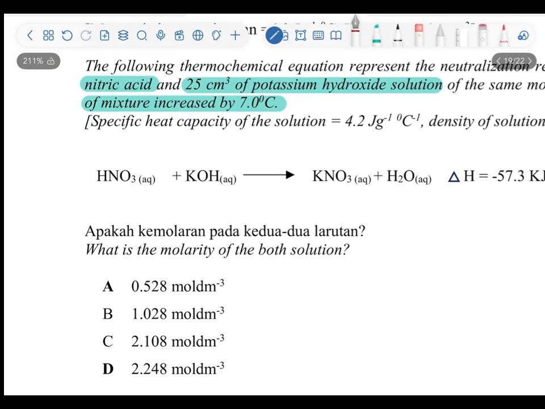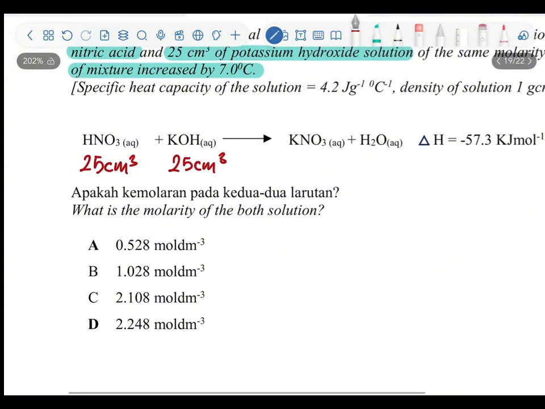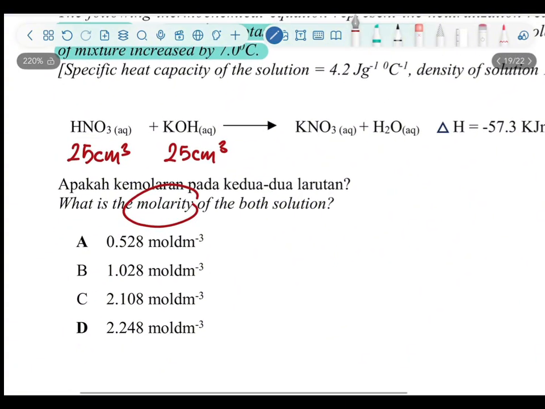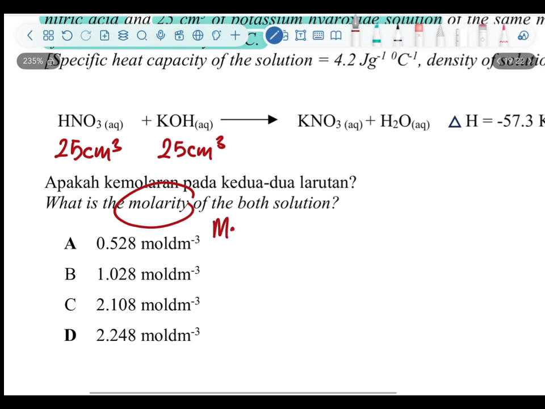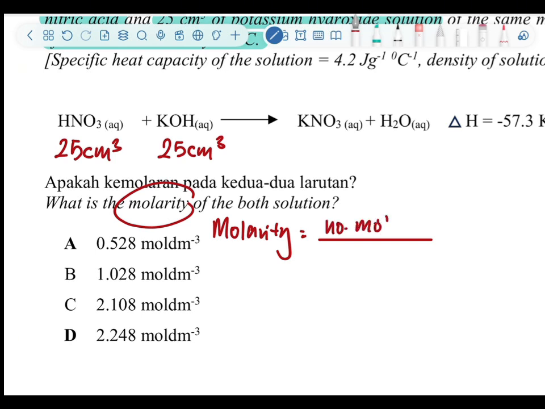So the volume of the acid is 25 cm³, and the KOH is also 25 cm³. Actually we are going to calculate the molarity of the solution. In order to calculate molarity, molarity equals the number of mole divided by volume in decimeter cube.